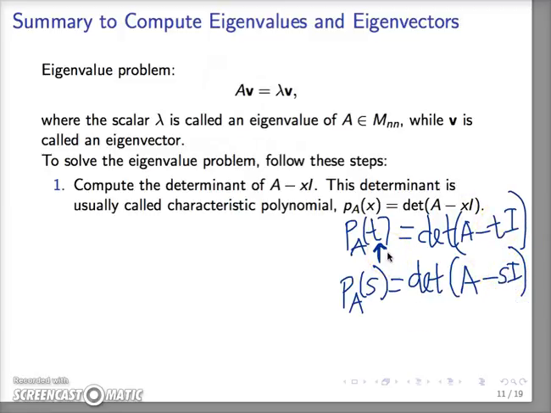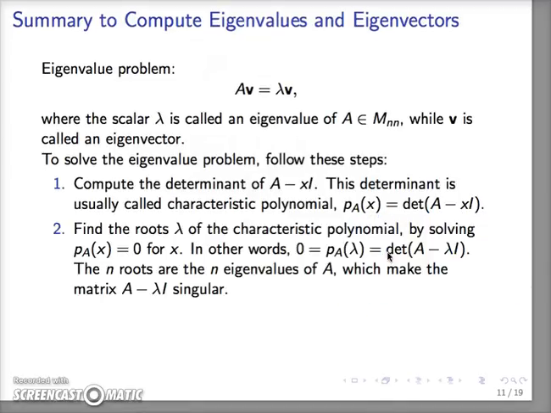And so the first thing is we compute this characteristic polynomial. Then, and this may be an involved step, we compute the roots, or the values at which this polynomial becomes 0, right? Those values are typically defined as roots or zeros of the characteristic polynomial.